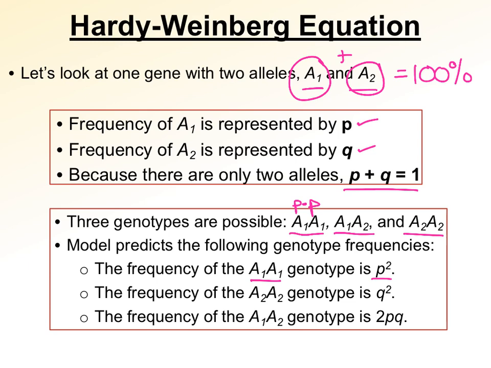Same thing for A2, but now it's Q squared. And for A1A2, it's actually 2PQ. We know the frequency of A1 is P. We multiply that by the frequency of A2, which is Q. But as we'll see in the next slide, we don't know if the male is giving you P or the male is giving you Q. So there's 2 different ways you could get PQ, and because of that, we multiply it by the number 2. So it's 2PQ.